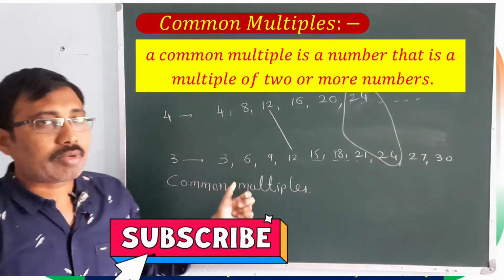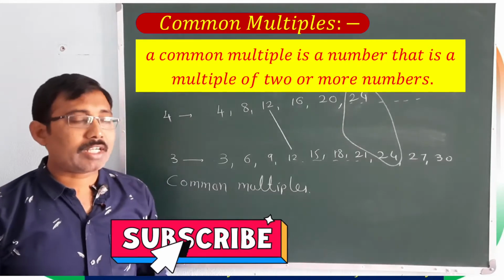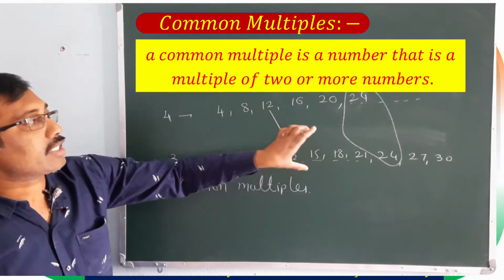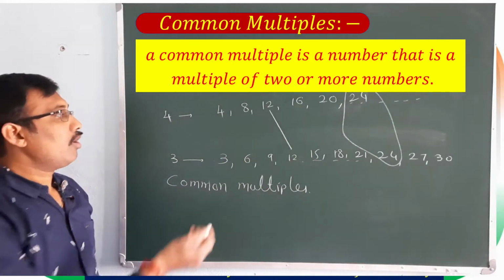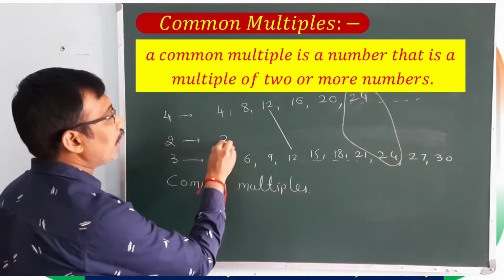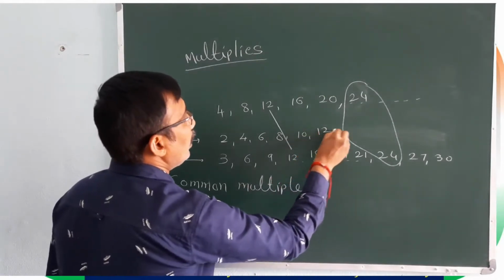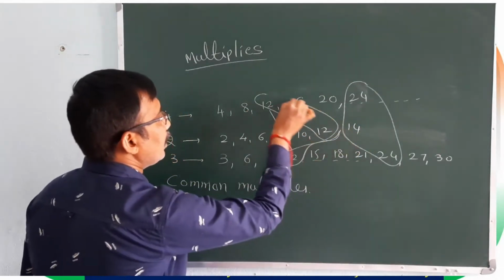So common multiples means a common multiple of a number is a multiple of 2 or more numbers. Here 2 numbers. In these 2 numbers, the common multiples are called common multiples of the numbers. For example, another one is 2. 2 multiples: 2, 4, 6, 8, 10, 12, 14. So here 12 is also a common multiple of these numbers.